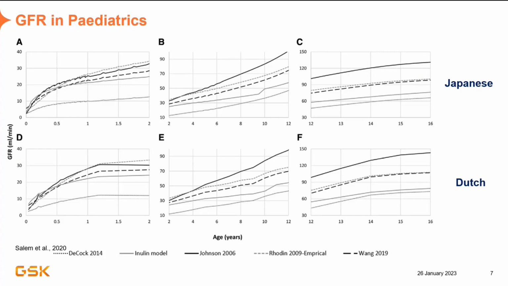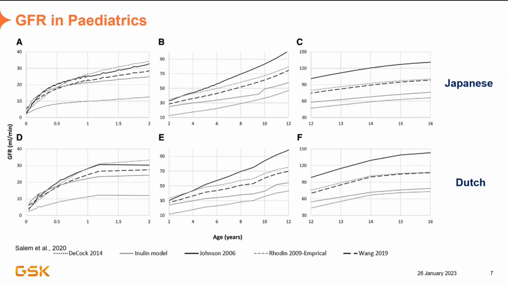These graphs here are showing the GFR, glomerular filtration rate, in pediatrics. The difference between these graphs is basically showing the age range to begin from the younger age groups on the left-hand side and moving to the adolescents on the right-hand side. And the difference between the top and bottom graphs is the populations.